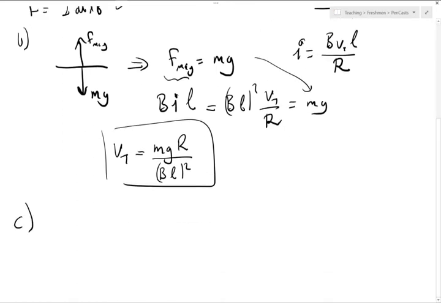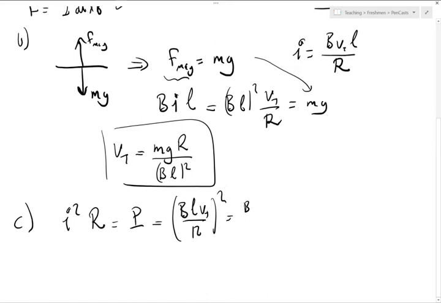So the power dissipated on the resistance is I square times R. That's the power. Well, I already wrote down I, so this is going to be BL V_T over R, squared. But what's V_T? I can now plug this in.